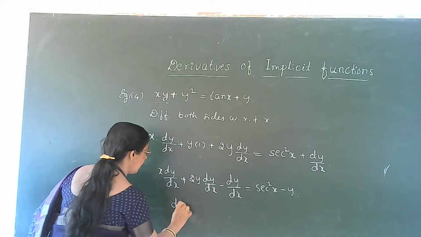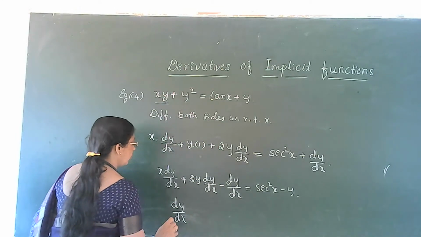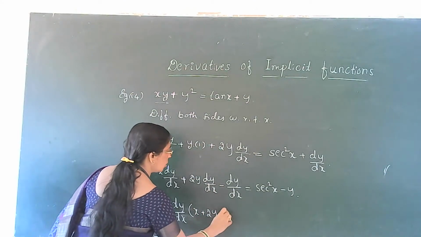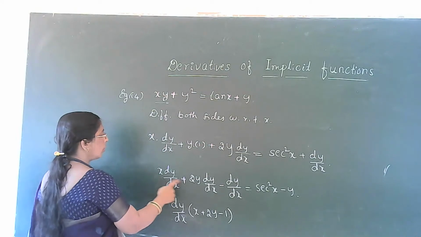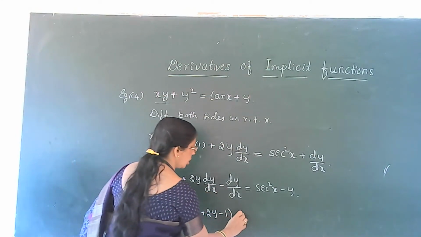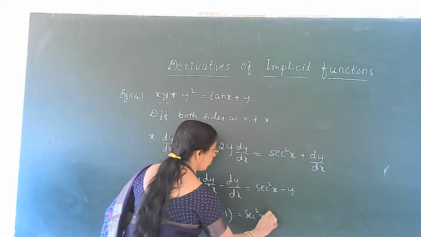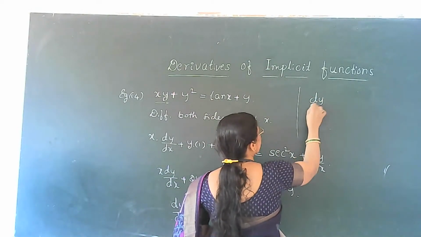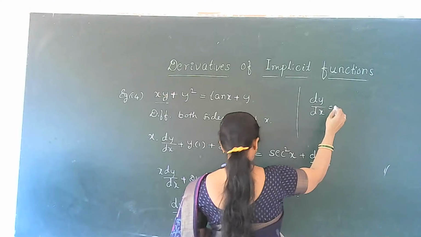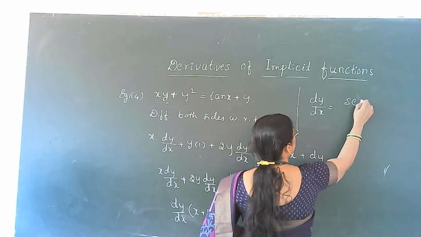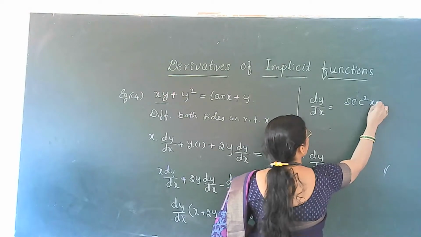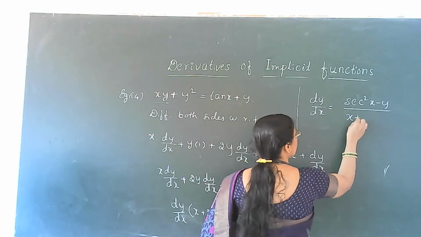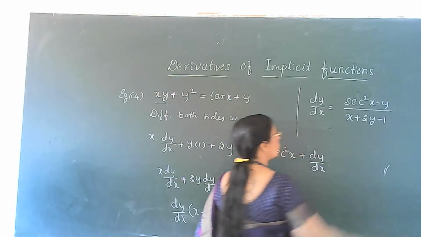Therefore, dy by dx is taken common here: dy by dx into x plus 2y minus 1 is equal to secant square x minus y. Therefore, dy by dx is equal to secant square x minus y divided by x plus 2y minus 1.